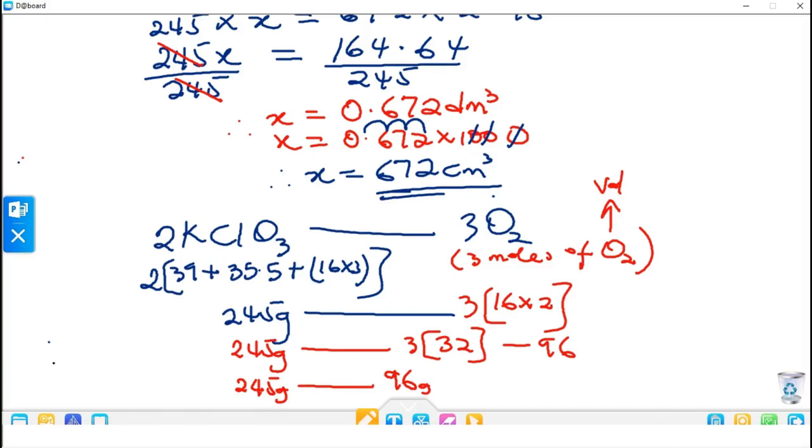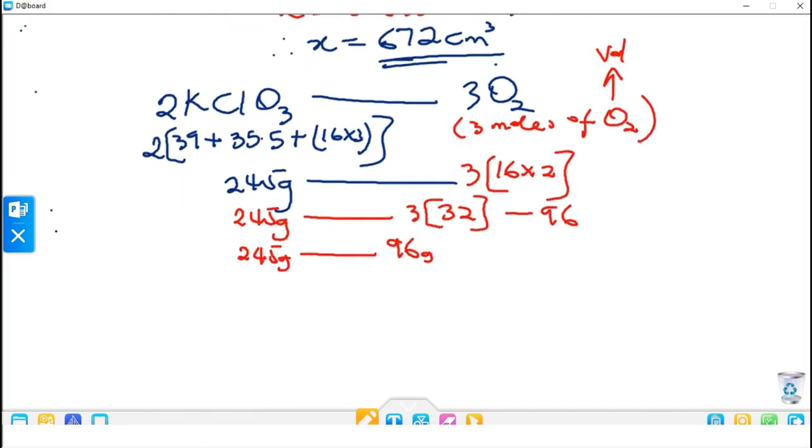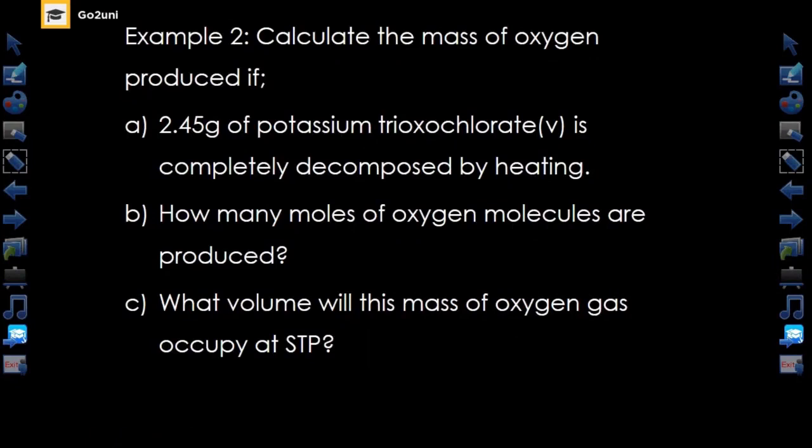So if that is the case, then the question from this second example says, if 2.45 grams of potassium chlorate is provided, then what mass of oxygen will be formed? Calculate the mass of oxygen produced if 2.45 grams of potassium chlorate is completely decomposed.